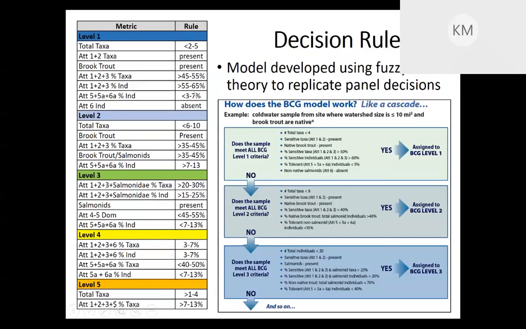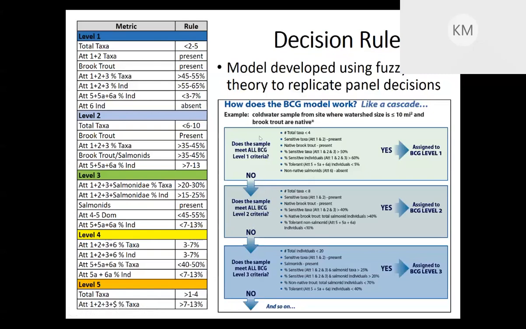So you take your sample, you calculate the metrics for that sample. It needs to meet all of those metrics. If it does, then it would be assigned to BCG level 1. If not, it would drop back down to 2. You check those metrics. If it meets, then it'd be 2. If not, it would continue to drop down until you find the level where it meets all of those rules.